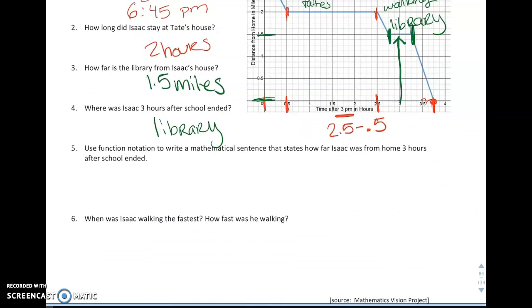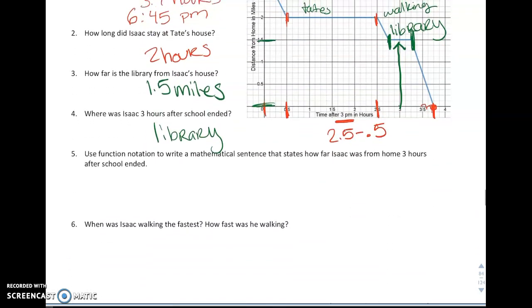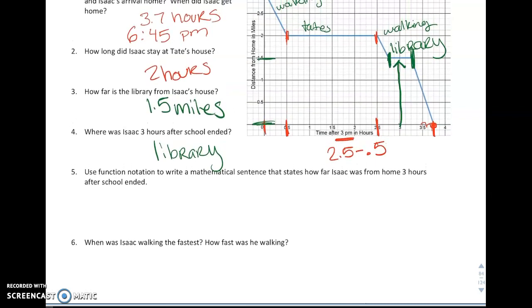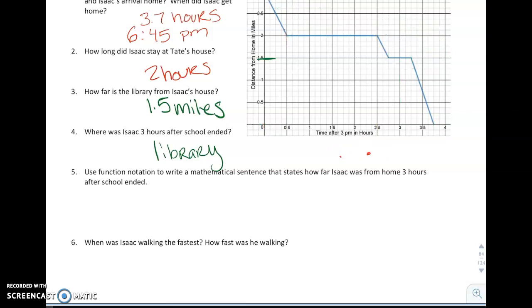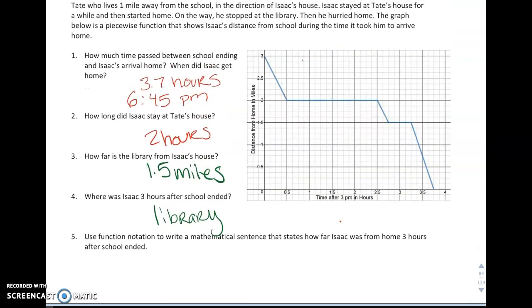Then it says, use function notation to write a mathematical sentence that states how far Isaac was from home 3 hours after school ended. Okay? So I'm going to go erase all my work right here. I need to identify this line, and I need to follow it up and over to find my y-intercept.